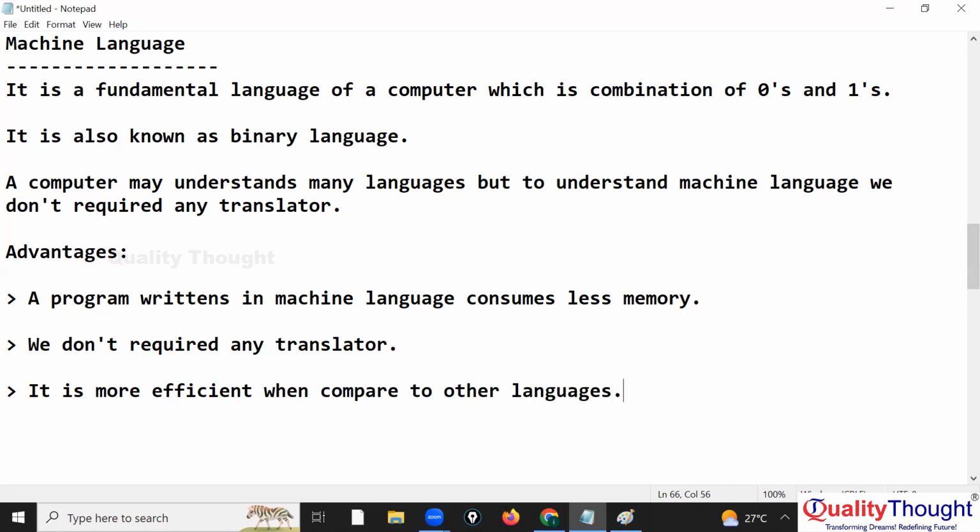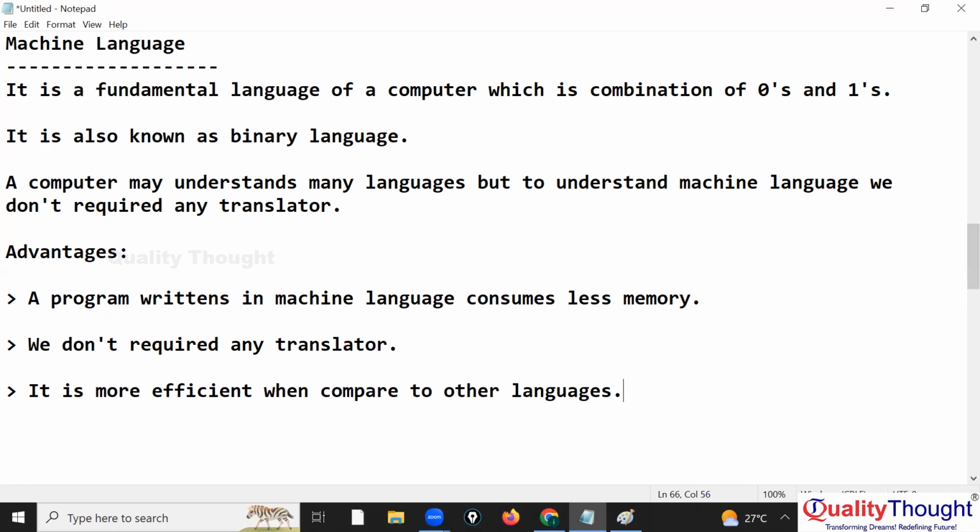It is more powerful, guys, more efficient. Now tell me, in total how many advantages are there with machine language? 3 advantages. What are those? It will take less memory. Next, we don't require any translator, and it is more efficient.